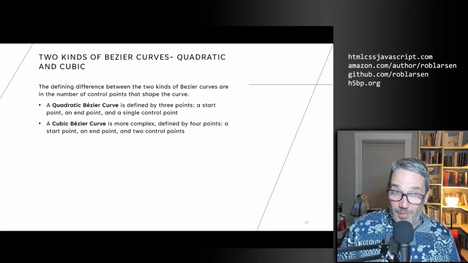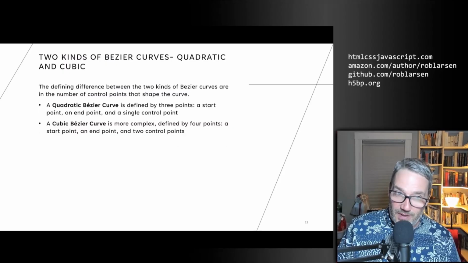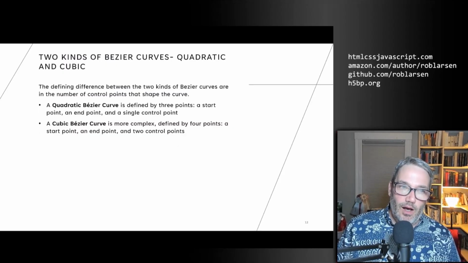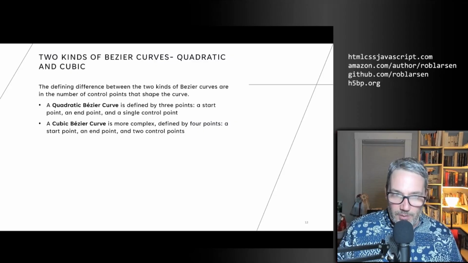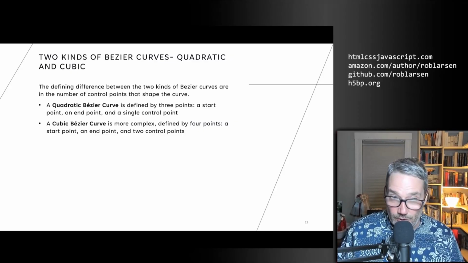There are two kinds of Bezier curves. So I said there was a cubic Bezier curve. There's also a quadratic Bezier curve. The defining difference between the two kinds of Bezier curves is the number of control points that shape the curve. A quadratic Bezier curve is defined by 3 points, a start point, an end point, and a single control point.